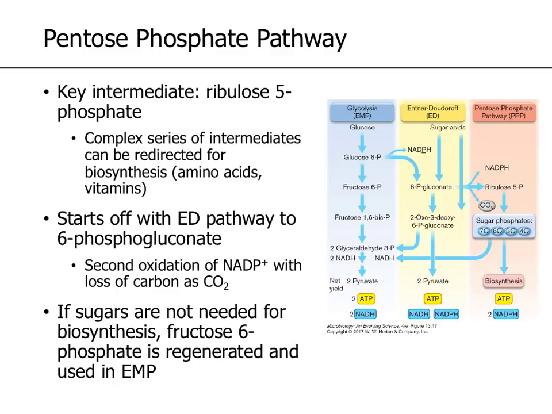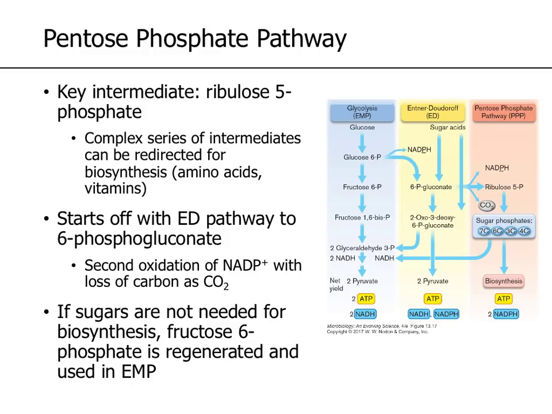different sized sugars. So this one, again, it's very similar, right? So it starts off the same way that the ED pathway does. So you get to that 6-phosphogluconate. So you get here the same way. But then there's a second oxidation of NADP plus, and that is how you lose that carbon dioxide, so that's how you get from a 6 to 5 carbon sugar.